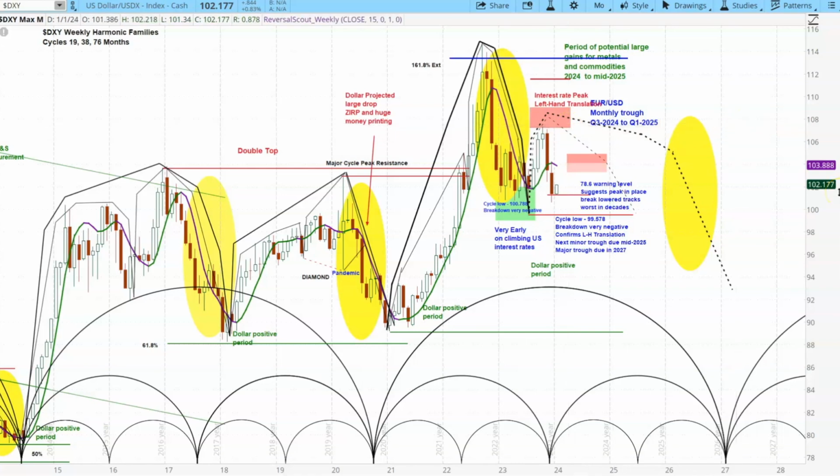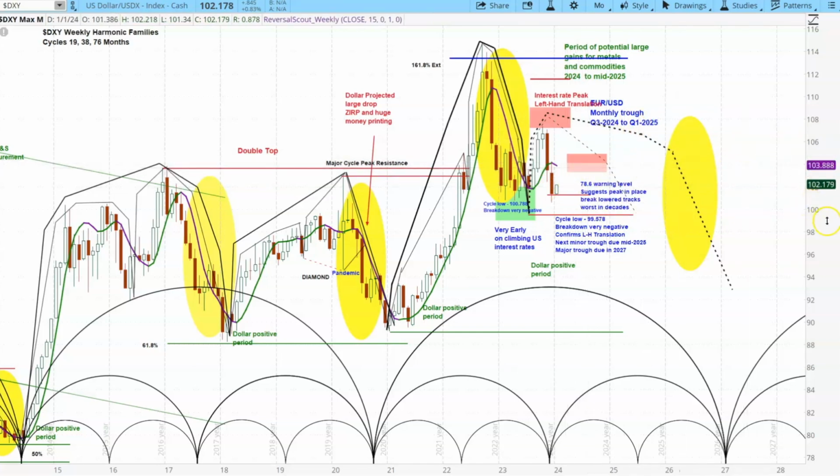So now what we're looking for is the euro to give some sense to this analysis, as we'll look at that in a moment. But we're projecting that the euro monthly trough, in other words, the euro is likely to fall into Q3 of this year all the way into Q1 of 25. That means that there's likely to be a rally right in here.